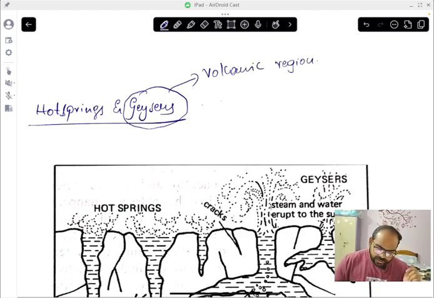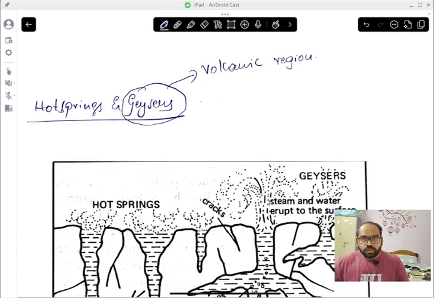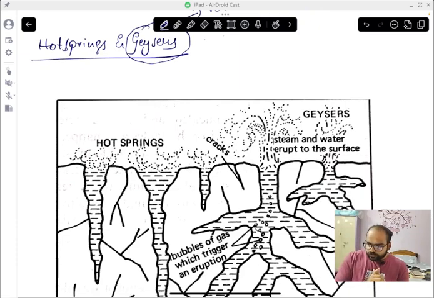See, if there is a volcano, or a place where volcanic activity is happening, the water present inside the ground gets in contact with those volcanic rocks.